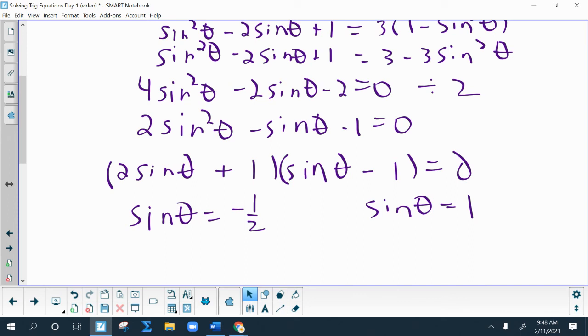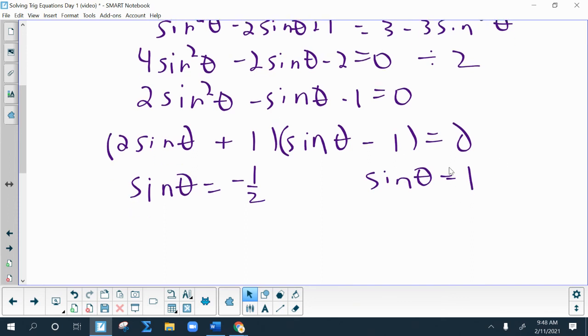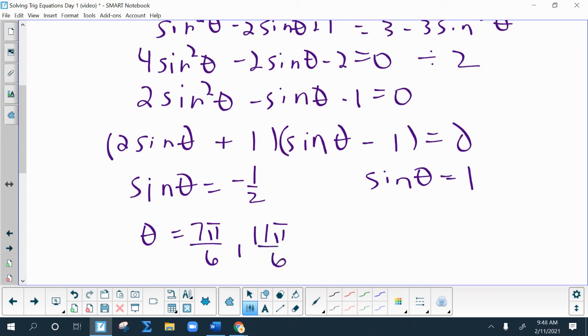Okay, so let's see here. It looks like I'm going to get 3 answers. Sine is equal to negative a half at, let's see, not 5, 7 pi over 6, and 11 pi over 6. And sine is equal to 1 at pi over 2.